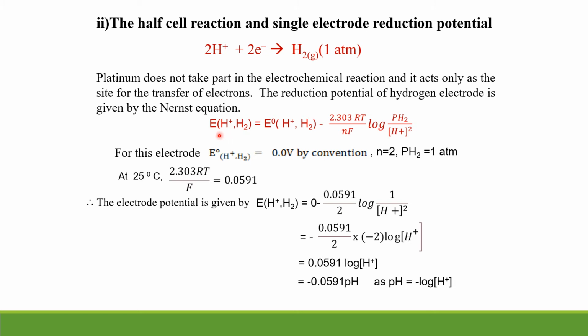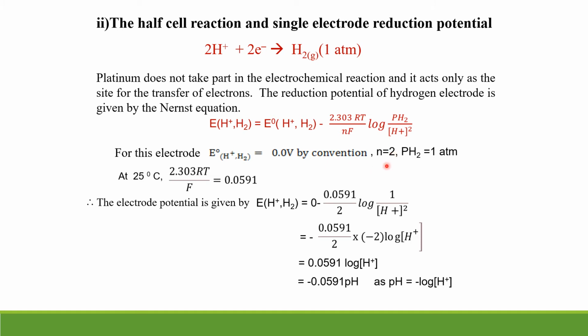We can write the reduction potential E is equal to E0 minus 2.303 RT divided by nF log of pressure of hydrogen gas divided by H+ ion concentration. Since two H+ ions are involved, the H+ concentration is raised to the power 2. For this type of electrode, E0, the standard electrode potential of hydrogen, is taken as 0.0 volt by convention.